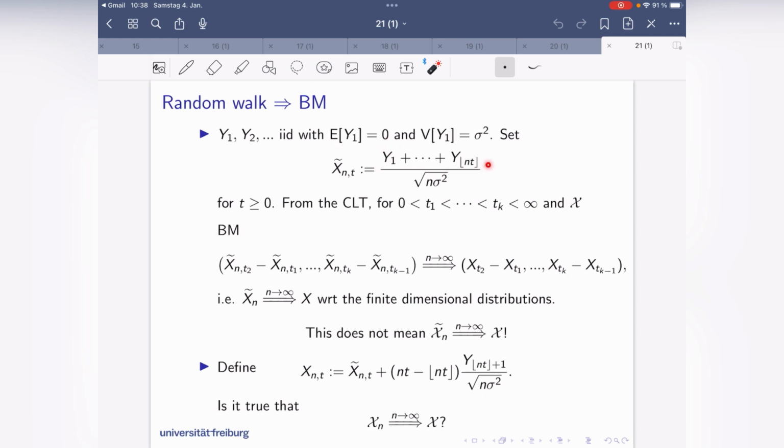And if I sum them and divide by the square root of their variance, we know that this thing here converges to a normal distribution. Let's call the limit here X_t, so that's a normal distribution with mean 0 and variance t.